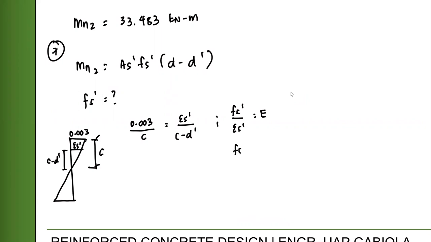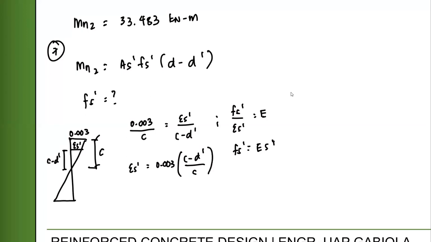So, pwede natin gamitin Fs prime is equals to E times Es prime. So, whatever yung makuha nating value ng Es dito sa formulang to, multiply natin ng E para makuha natin yung Fs. Okay. So, we have Es prime is equals to 0.003 C minus D prime over C.